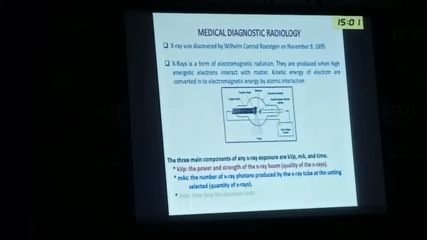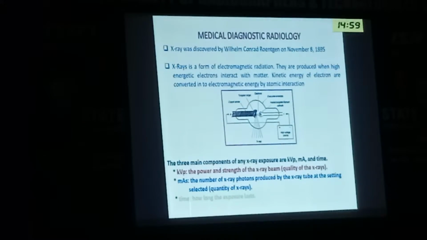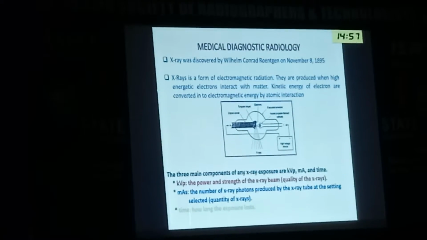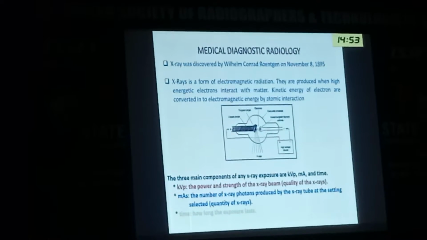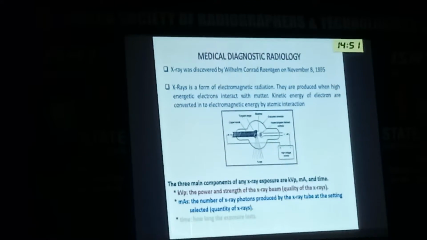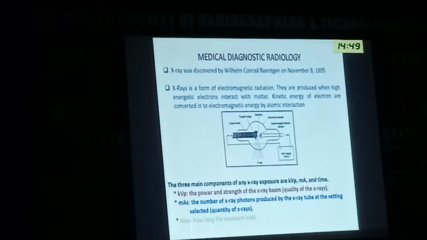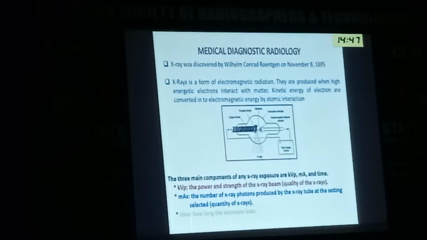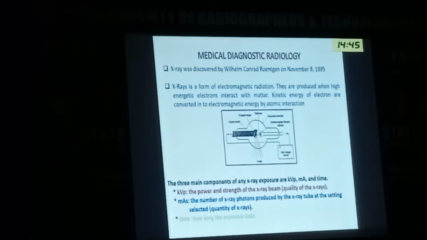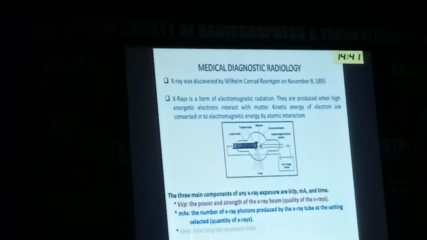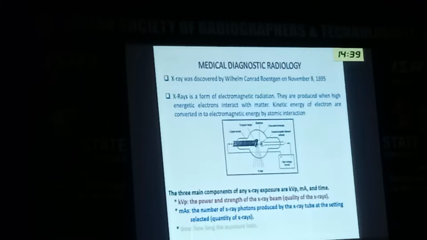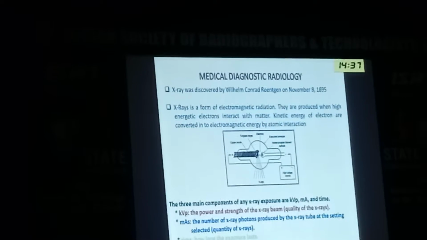Then medical diagnostics: as I have already told, it was first discovered by Roentgen, and he first took a radiograph of his eye. It is nothing but an electromagnetic energy which interacts with matter. As it is an energy, but this type of energy we cannot feel, it can only be detected.